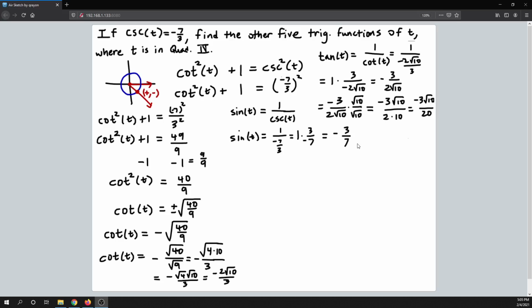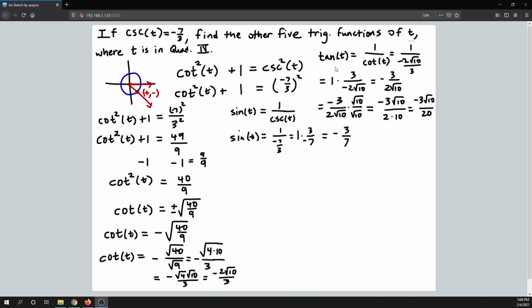All right, so that leaves us with just cosine. Cosine and secant are the last two that we need.